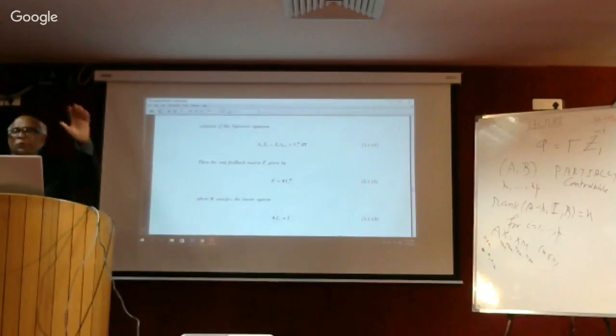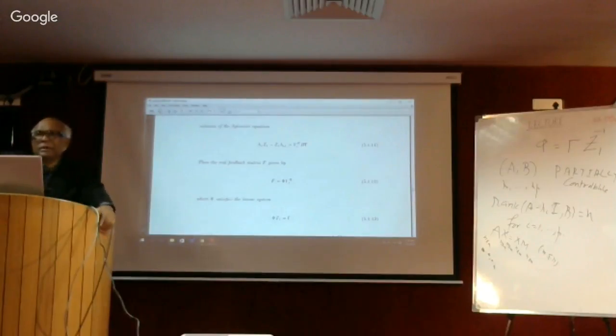So in order to solve this problem, we don't need explicit knowledge of the n minus p eigenvalues and eigenvectors. And there's a beautiful proof of this theorem in the thesis, so look into that proof.